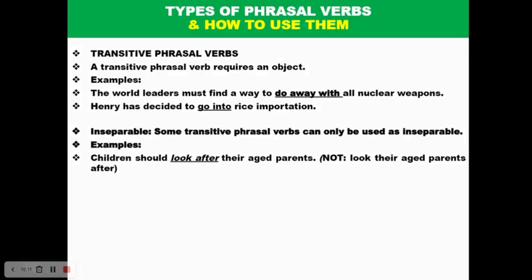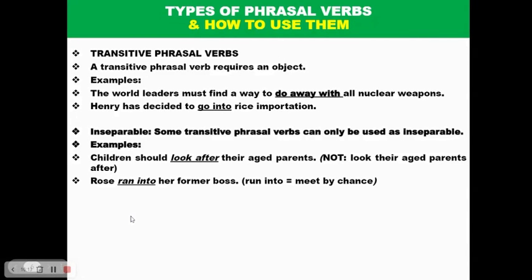Now let's look at another example. Rose ran into her former boss. Now the object here is her former boss. Again, you cannot lift this object and put it between ran and into. Otherwise, it will be wrong. You cannot say Rose ran her former boss into.